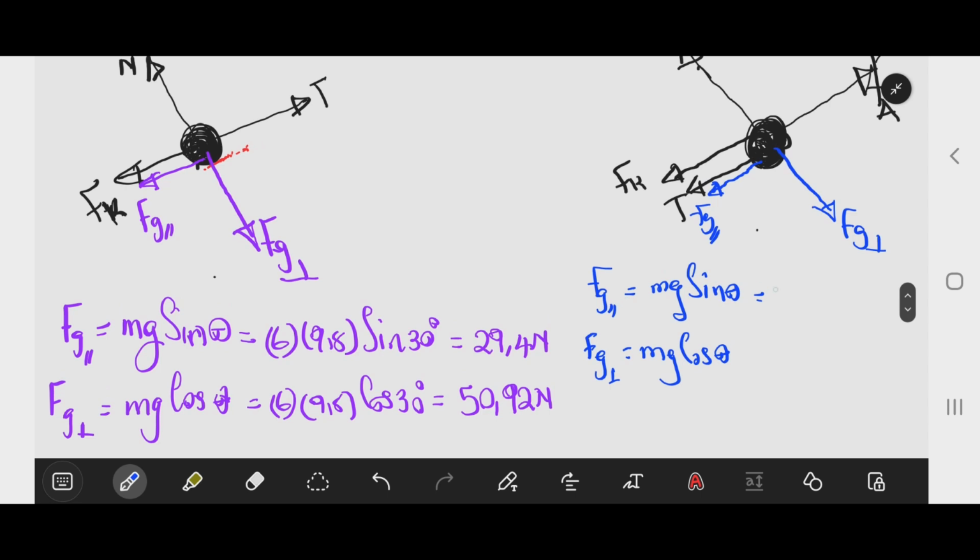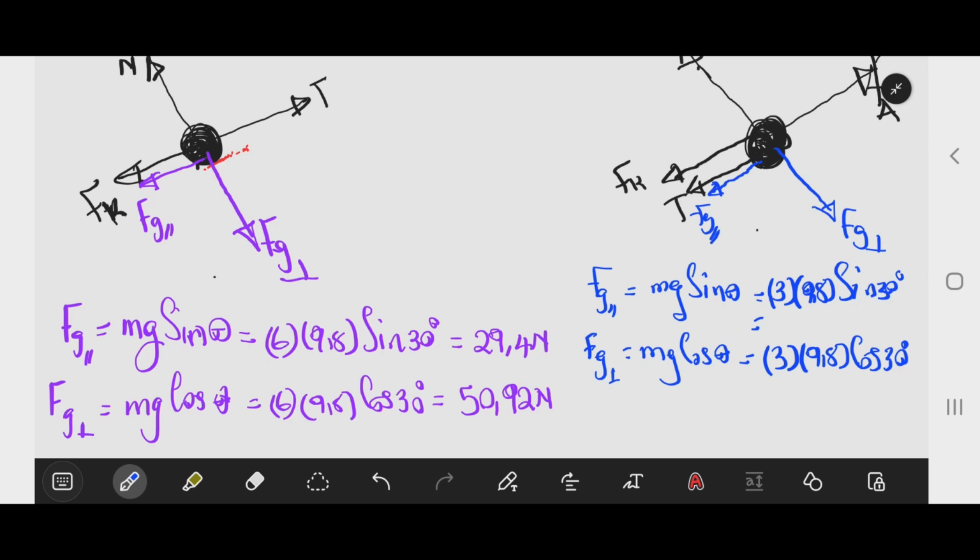Then m is 3 kg, and g is 9.8, sine 30. And for this one we have 9.8 cos 30 degrees.